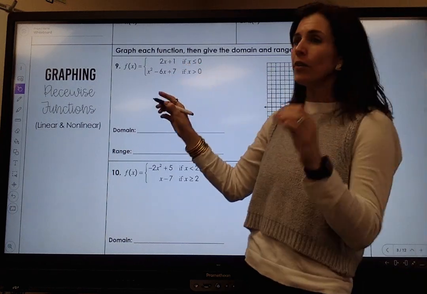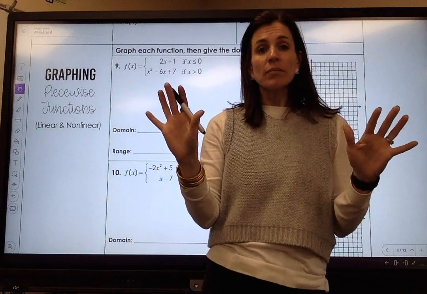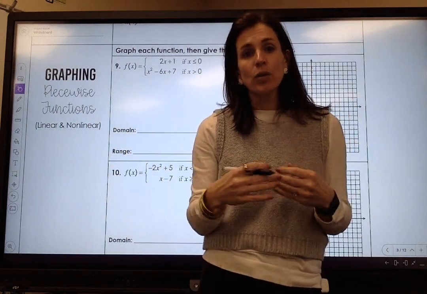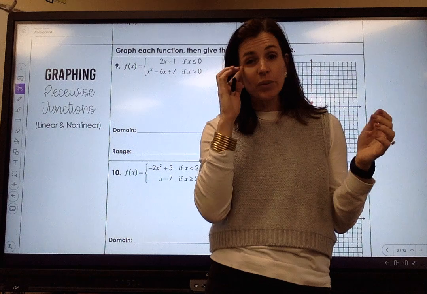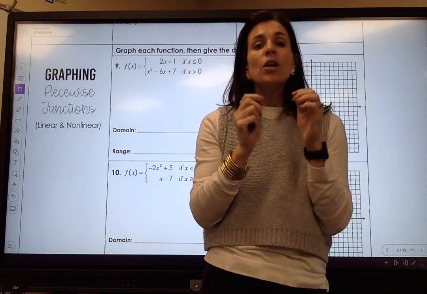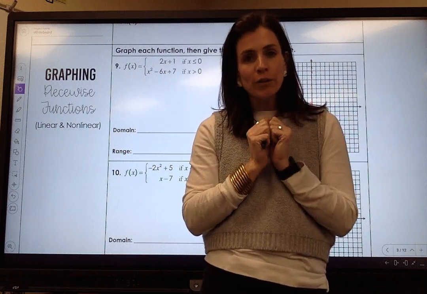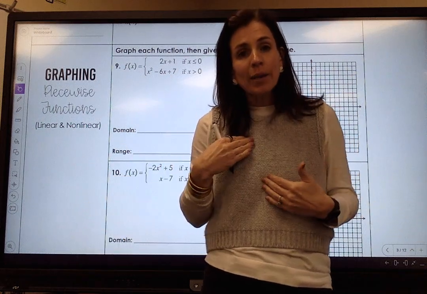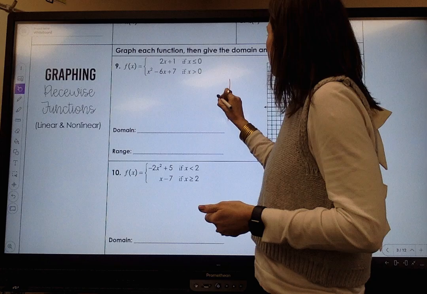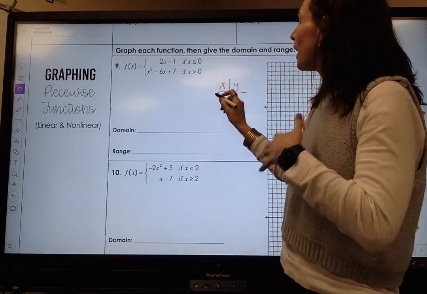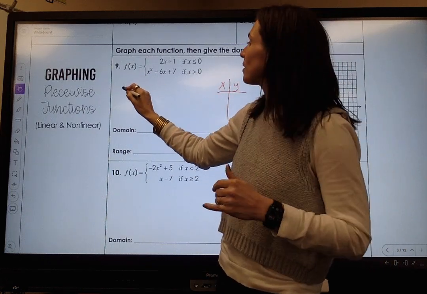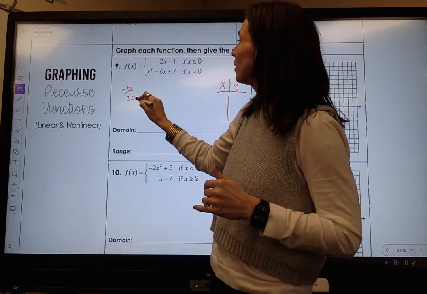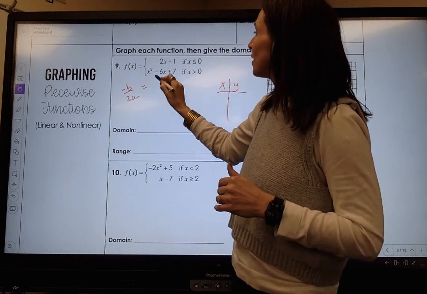Now, here you have a quadratic equation. You don't have to go into the whole writing equations with P and Q and all that. What you're looking for is a vertex, and then you just want to know a couple points on either side. So I'm going to make a table of values. And I know my vertex. To find my vertex is negative b over 2a. So my b value is negative 6.